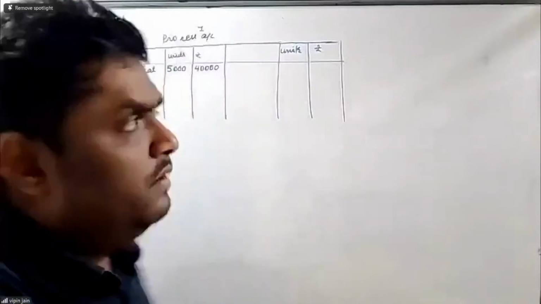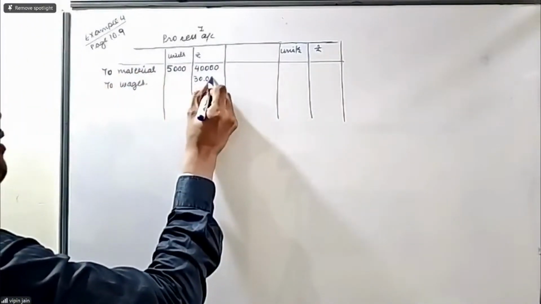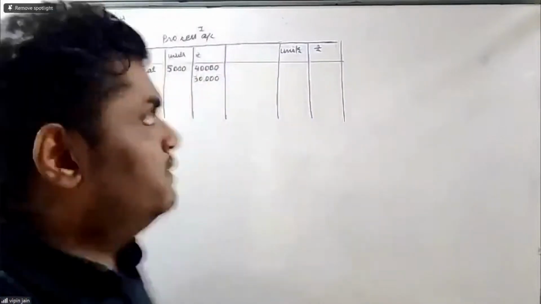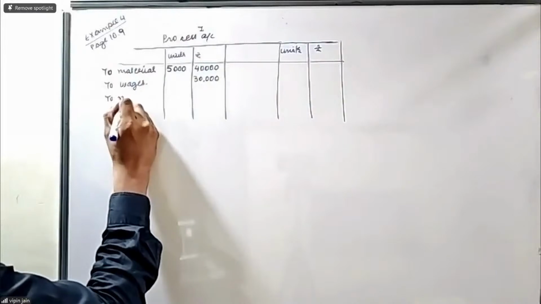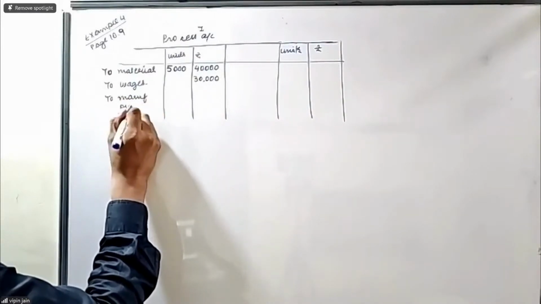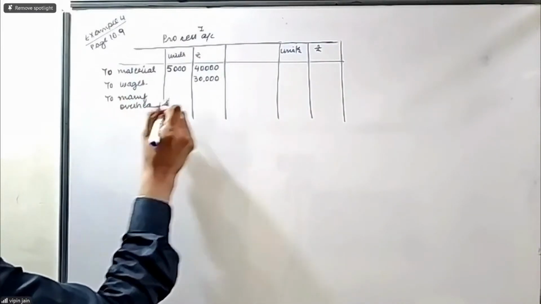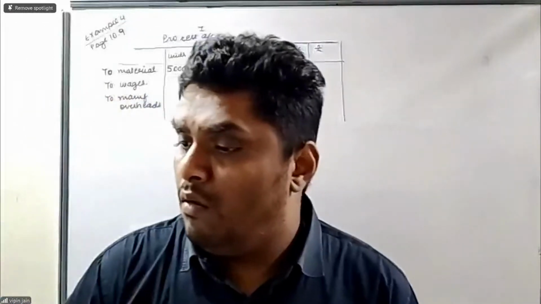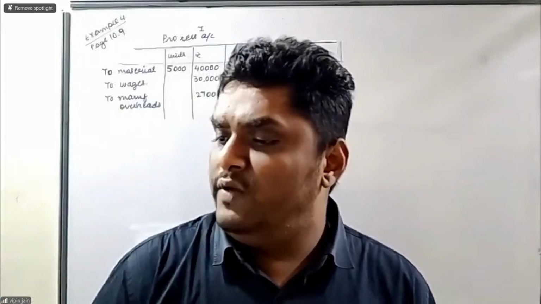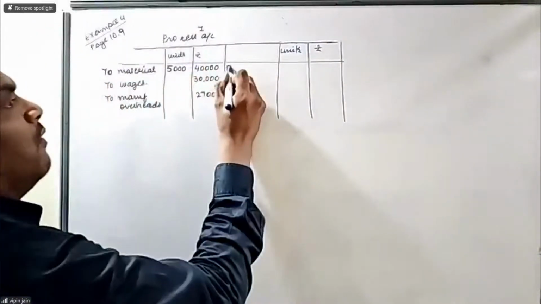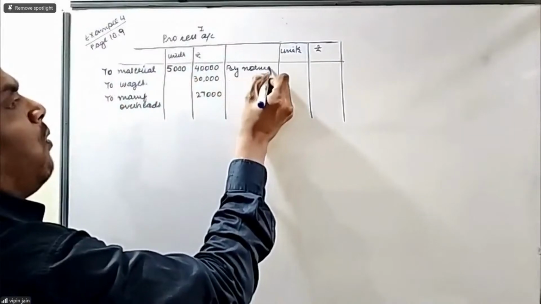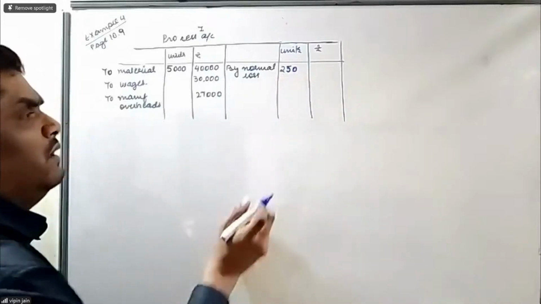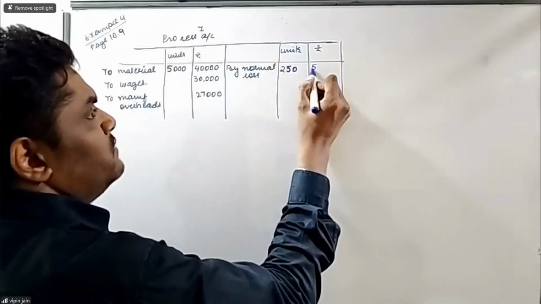Wages are 30,000. And manufacturing overheads are 27,000. The normal loss is 5% of inputs. So that is 250. Scrap value realized is rupees 2, so this will be 500.